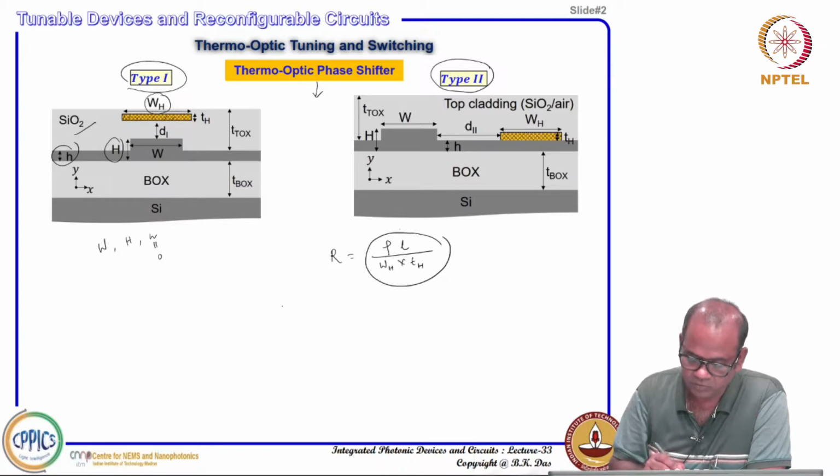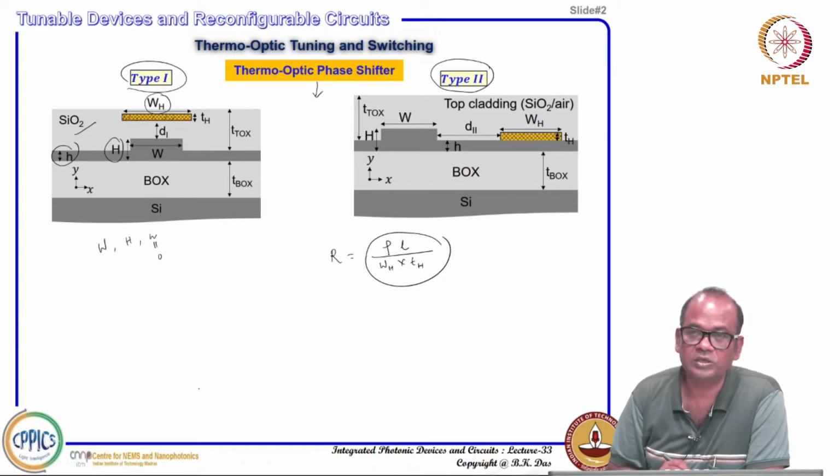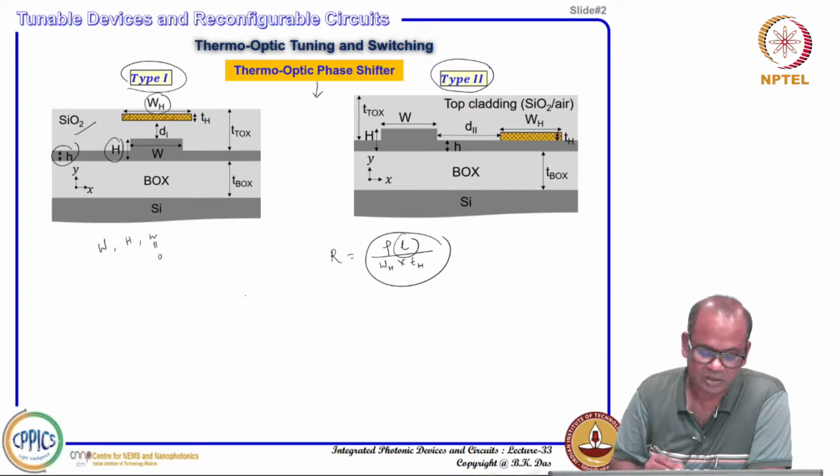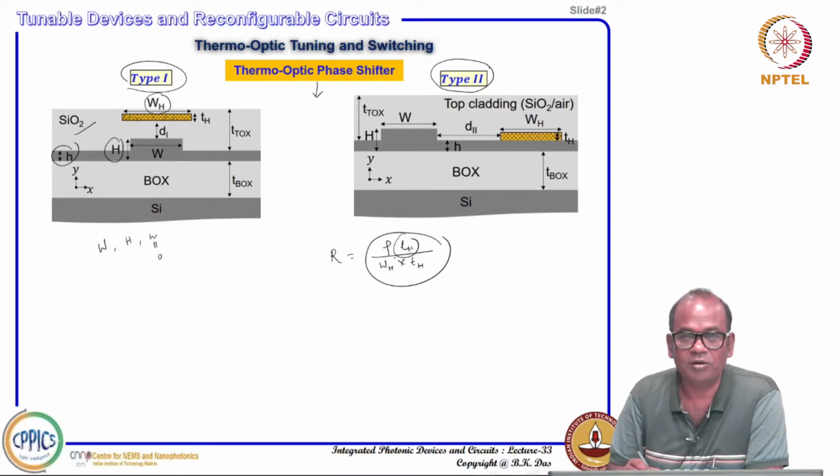So the lower the thickness, the higher the resistance, and the lower the width, the higher the resistance. This is the cross section. The micro heater should be parallel to the waveguide, and the length L over which the micro heater runs is what makes it a waveguide phase shifter. Why it is a phase shifter, I will discuss again.